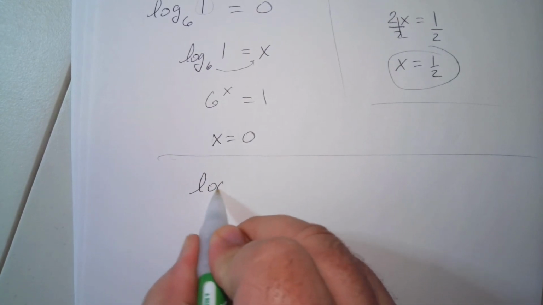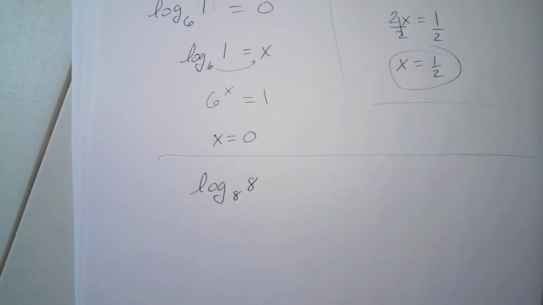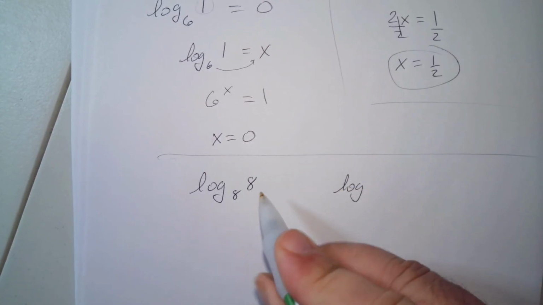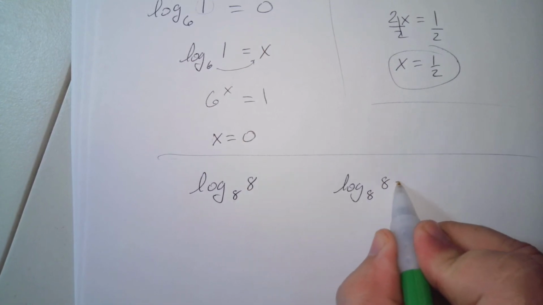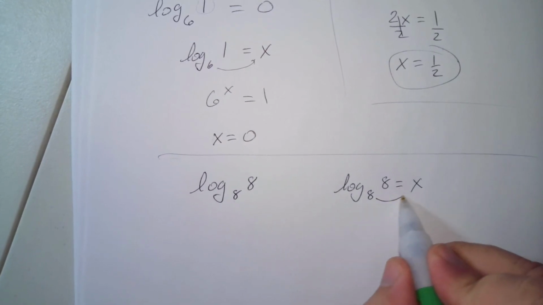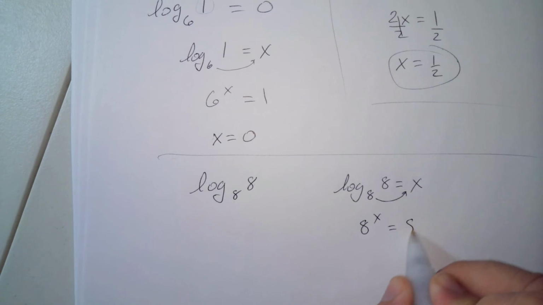What if we had log base 8 of 8? If the base and the number are the same, what happens? So log base 8 of 8 equals x. The 8 pushes the x up. 8 equals 8 to a power, so x equals 1.